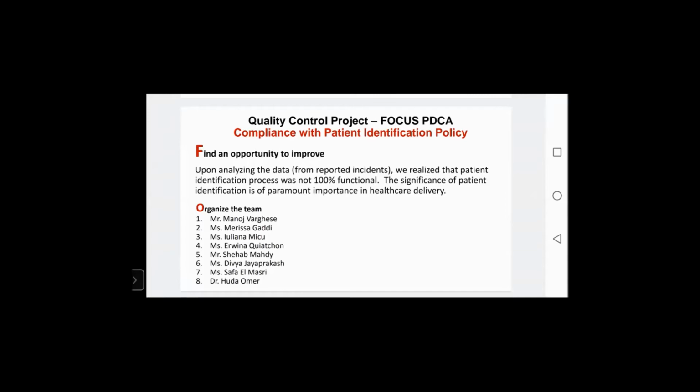So this is the opportunity to improve. We organized the team from stakeholders in different departments: from medical records, from nursing, from reception, and from the quality department. Next.